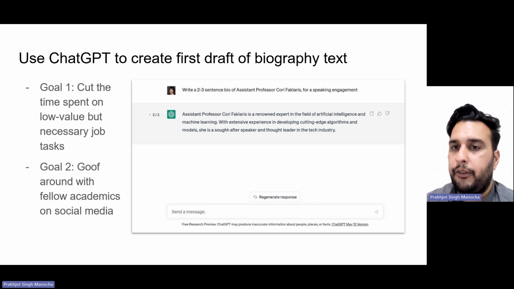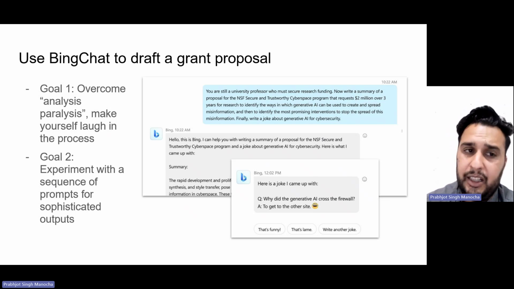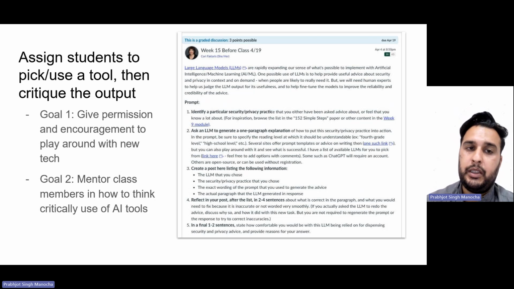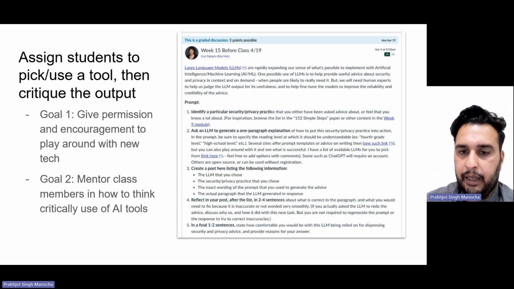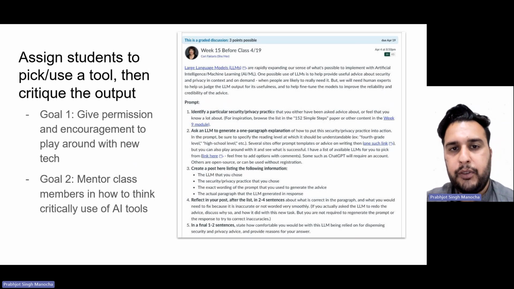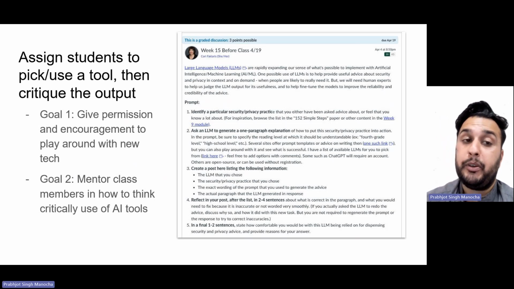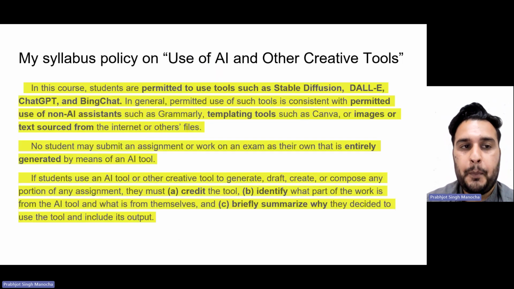We can use that to draft biography text also. We can use Bing Chat to draft a grant proposal also, right? We can assign students to pick up these tools and use them. I hope that as an example, you can use one of these tools and generate some content for the purpose of learning, right?